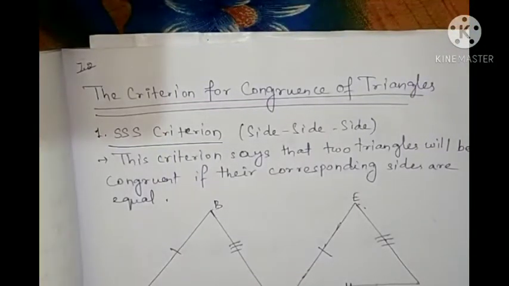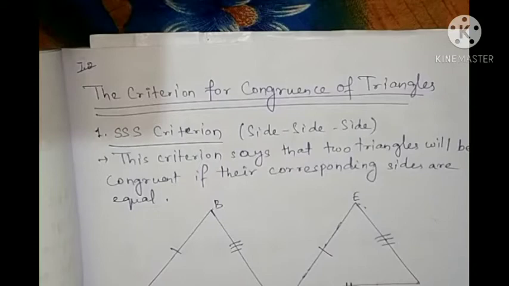So now we'll start the next portion of this chapter, that is congruence of triangles. Let's see what we studied in the last class. We started with congruence and the congruence of triangles.